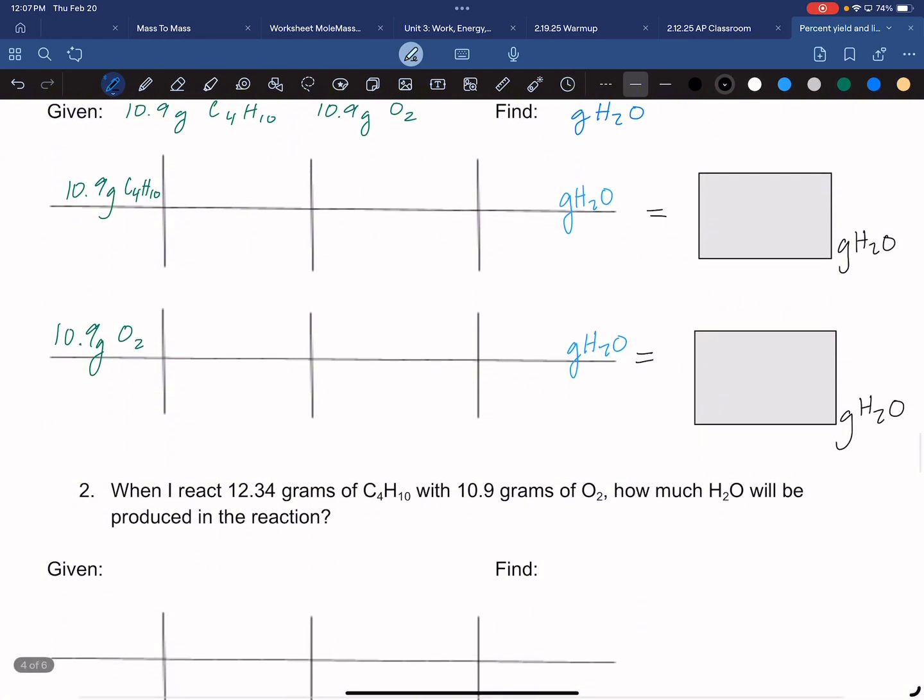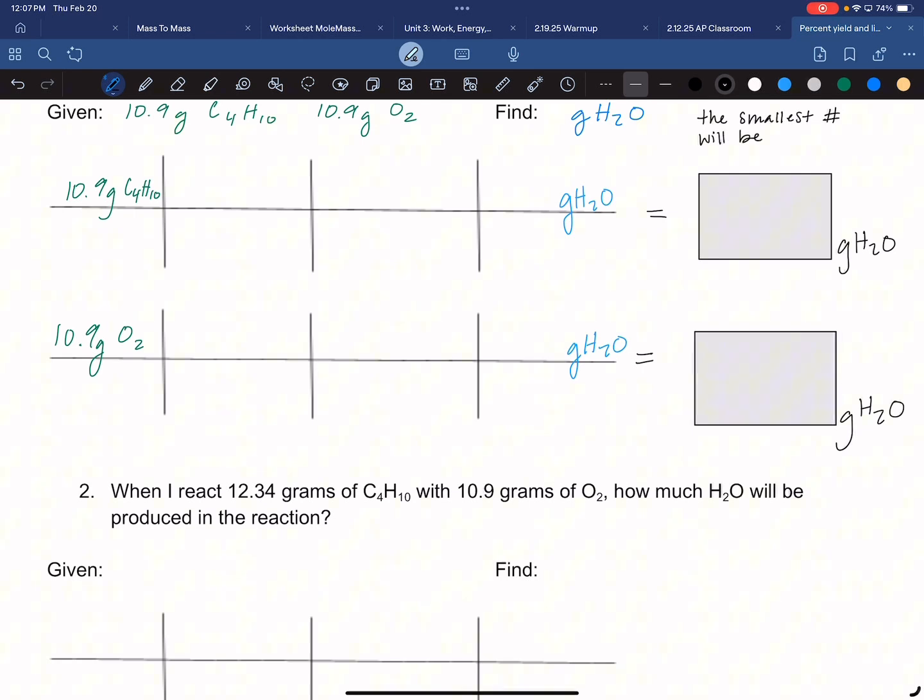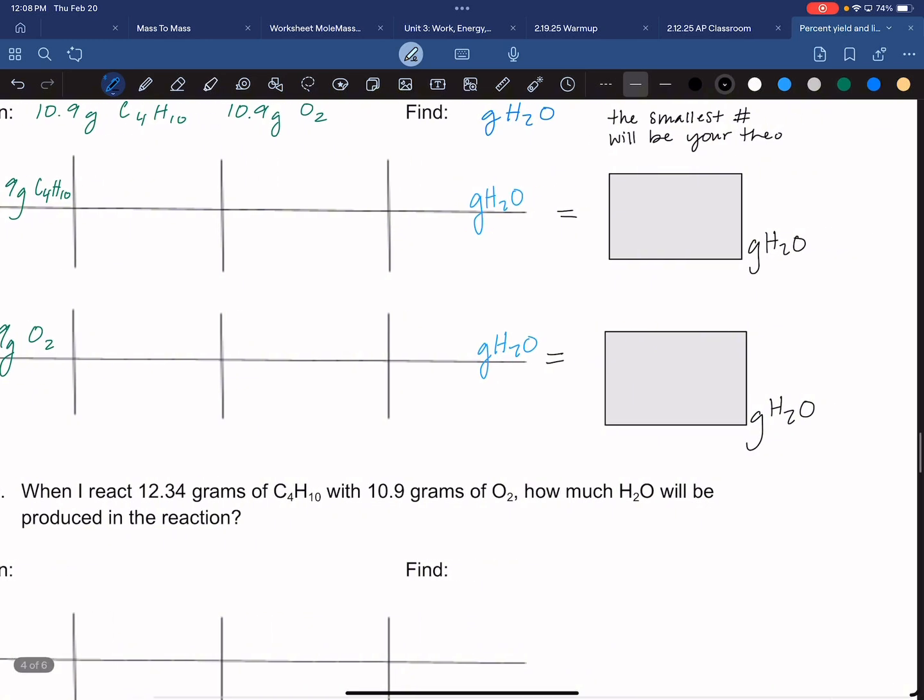But the smallest number will be your theoretical yield.